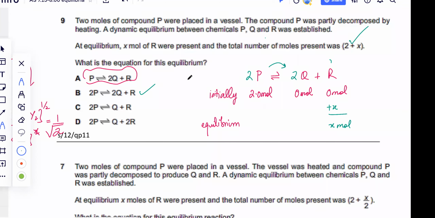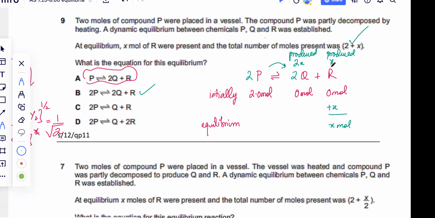So to produce X moles, how many moles of Q would be produced along with it? That's 1:2. 1R is produced when 2Q are also produced. So over here, you're going to have 2X extra moles getting produced. And to produce 1R, there should be 2P reacting.